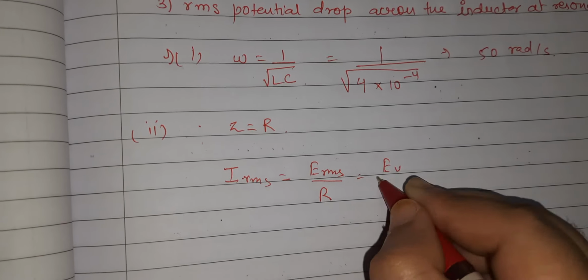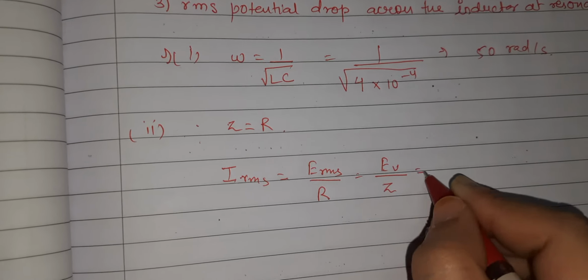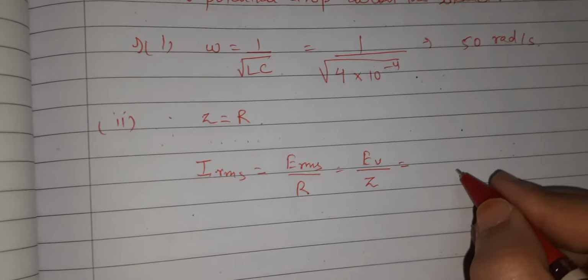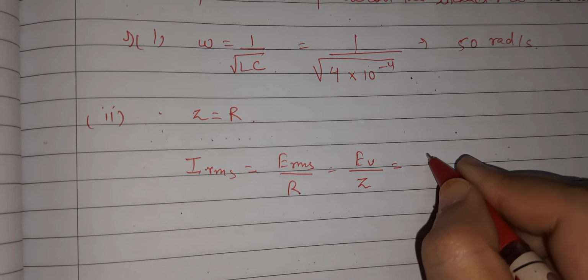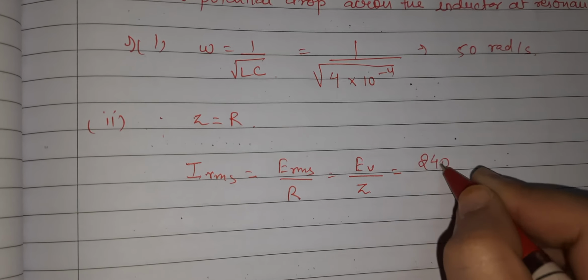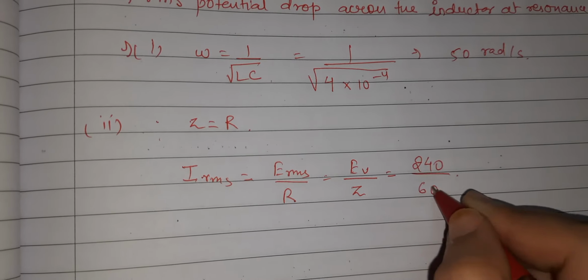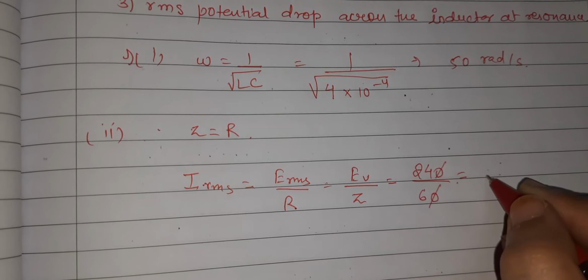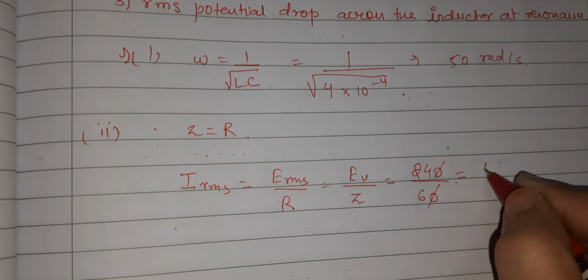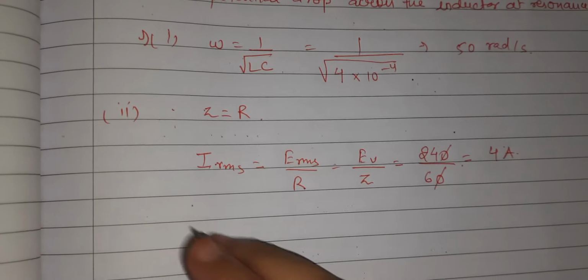It can also be written as EV upon Z, because Z and R will be the same at that condition. We know EV flowing in the circuit is 240, and Z is equal to R, which is 60, so 6 4s are 24, and we will get 4 ampere. So this is the current at the resonating frequency.